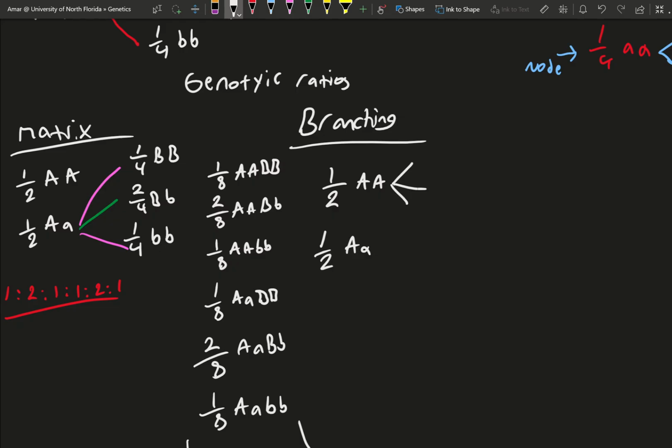One of them is going to be 1/4 big B, 2/4 big B, little b, and then 1/4 little b. Same thing over here. 1/4 big B, 2/4 big B, little b, and then 1/4 little b.